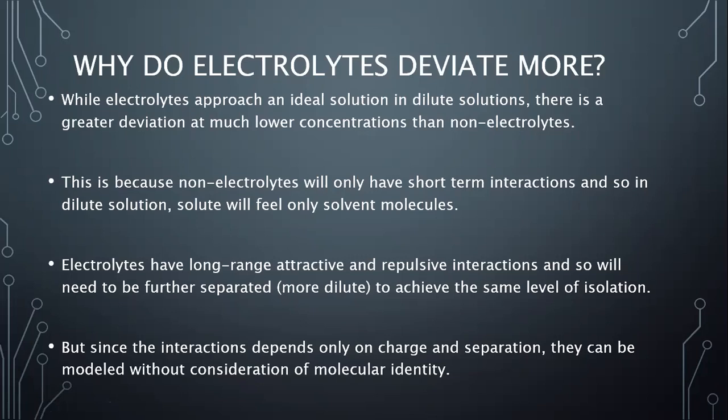Because in non-electrolytes, we only have very short-range van der Waals interactions. And so when you get them further and further dilute, there's less likely chance of, in their small little sphere of influence, interacting with another molecule. So you don't have to dilute it by nearly as much to keep a molecule B from another molecule B.